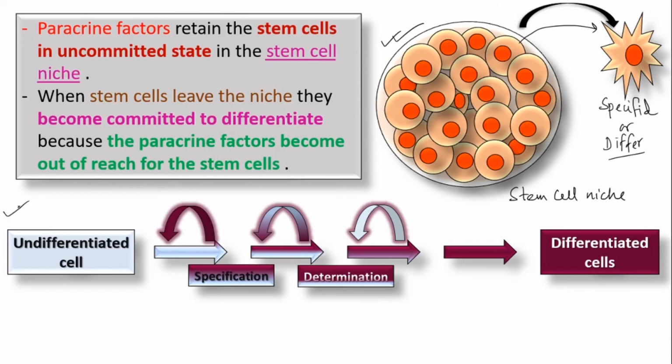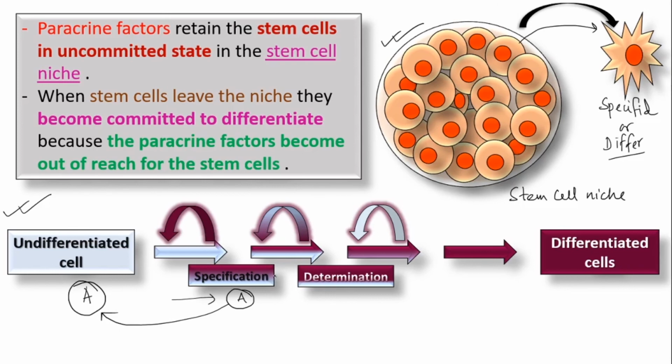So in this flowchart, this is the undifferentiated cell type, and as you can see in the color gradient, this is a lighter color. Suppose this is a cell which is a stem cell, undifferentiated in nature. If it is specified, it steps forward to the next step, and at this stage cell A can be reverted to its uncommitted or undifferentiated state from the specified type of cell.